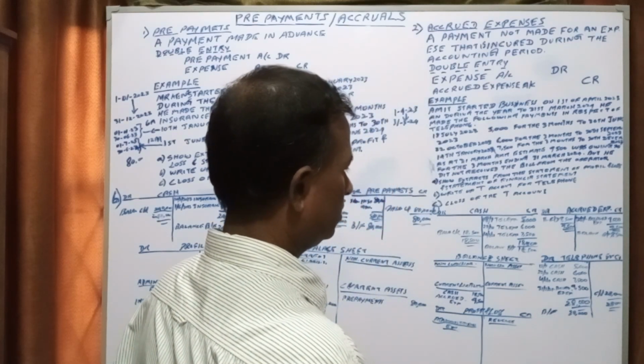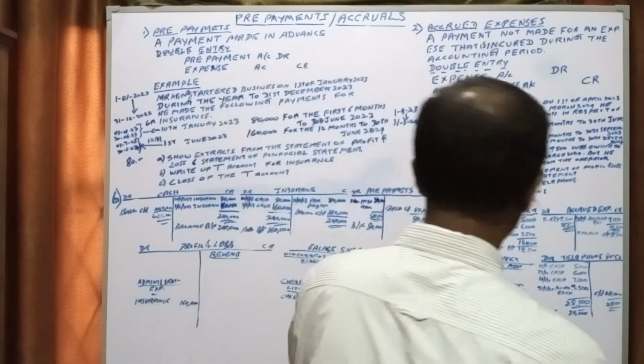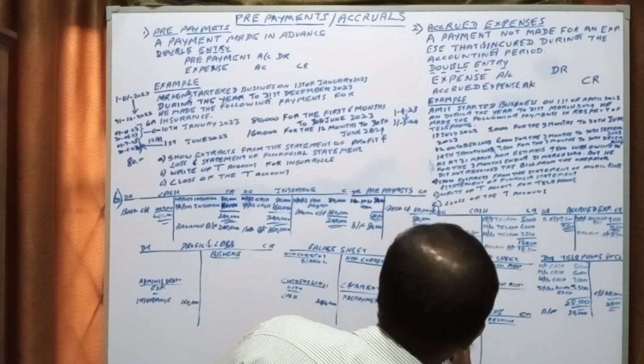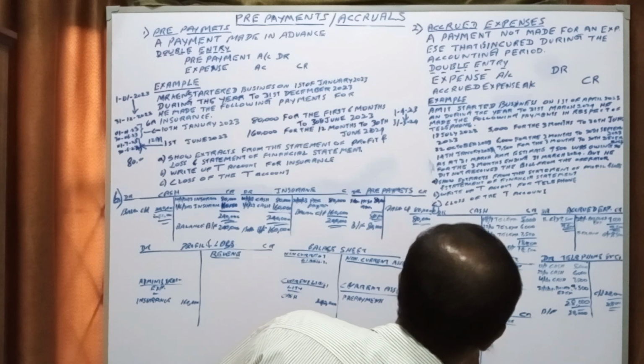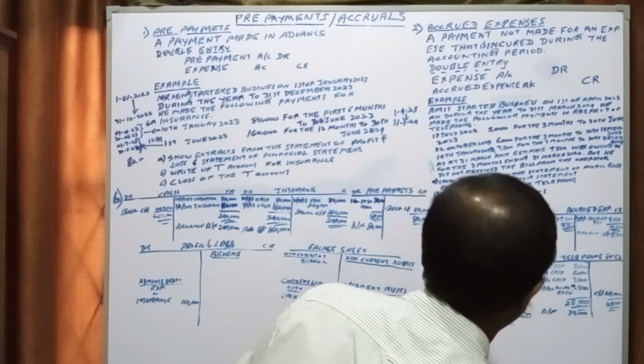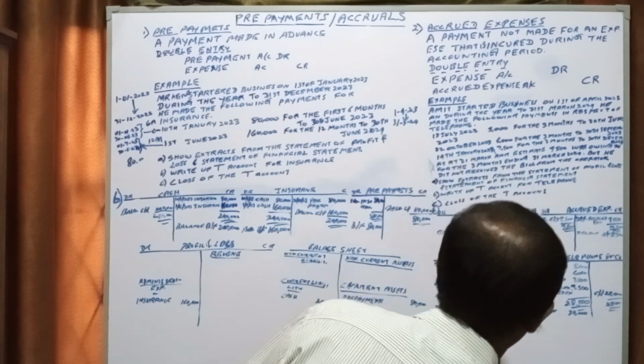And telephone expenses under the administration expenses, 28,000.